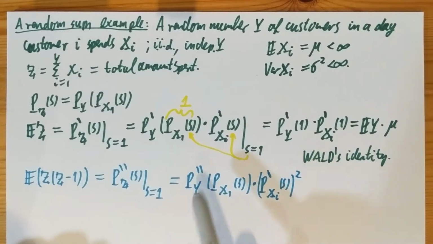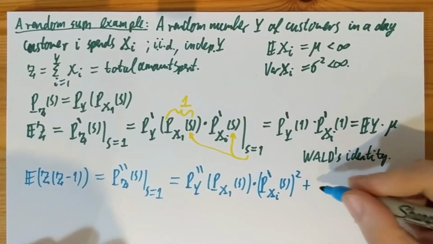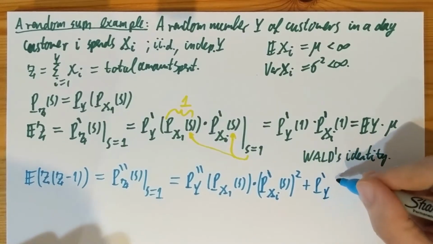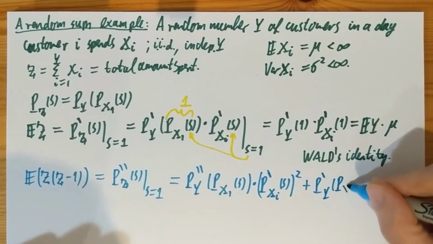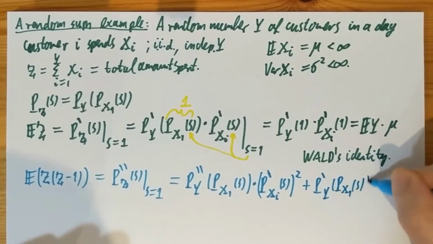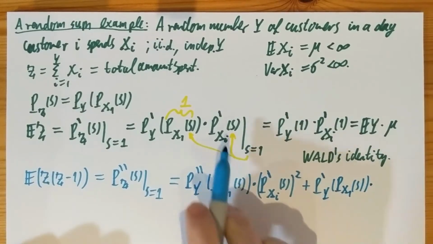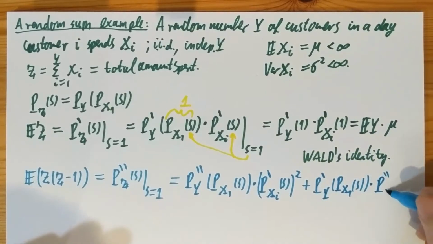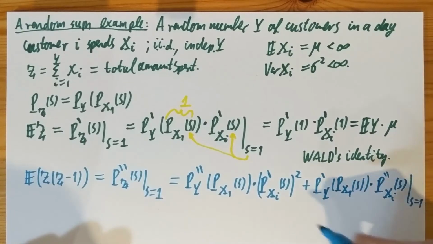That's the first part of the derivative for the product. And then I'm going to have the second part when I write the first factor as it was and differentiate the second factor again. So that brings that into a second derivative. And finally, I have to plug s equals 1 everywhere.